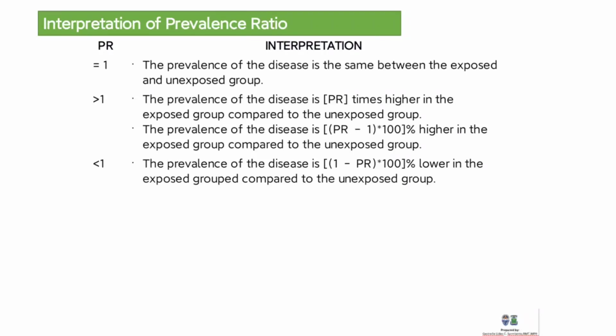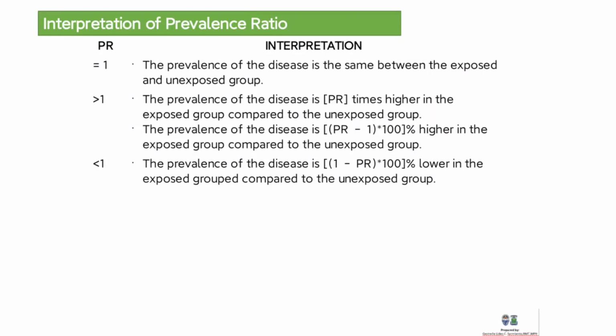Okay? Or mas maganda, if you want a percentage na sagot, the prevalence of the disease is yung na-computed value mo ng PR minus 1 multiplied by 100. So, magiging sagot mo nandito sa interpretation na to would be a percentage. Okay?